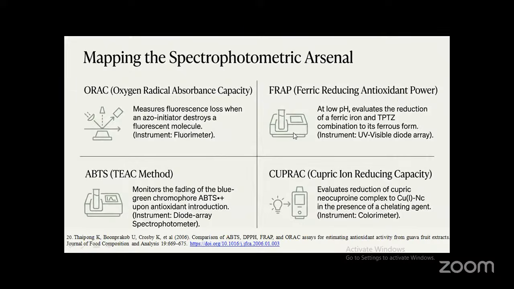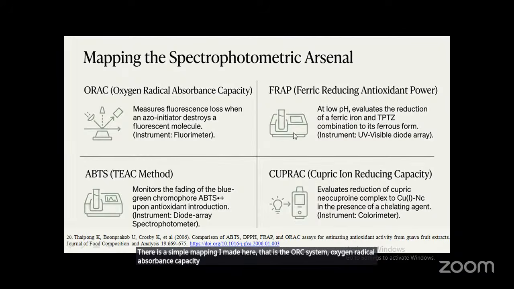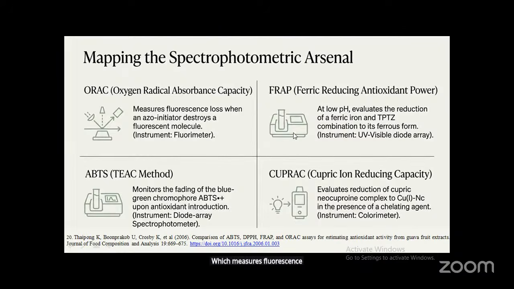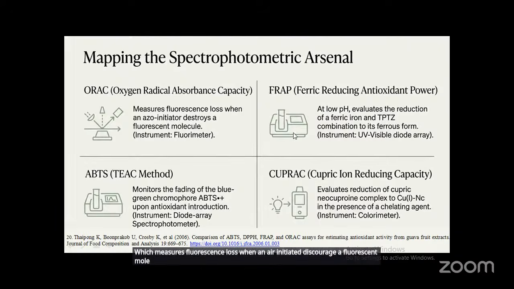There is a simple mapping I made here, that is the ORAC system, oxygen radical absorbance capacity, which measures fluorescence loss when an azo-initiator destroys a fluorescent molecule. The instrument used is the fluorimeter, in which the color is decreased, that means not color, fluorescence is decreased.